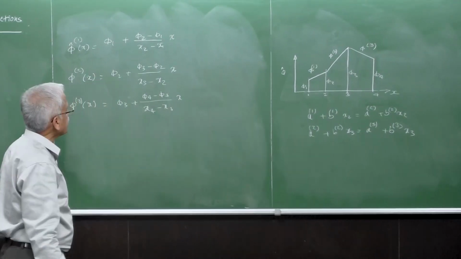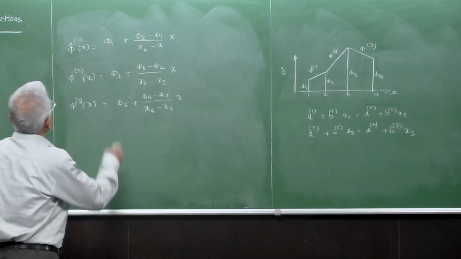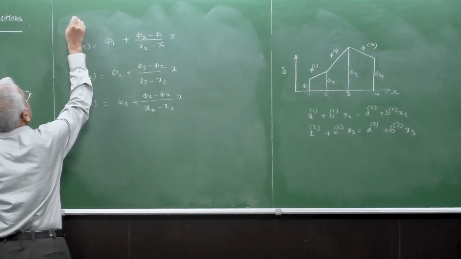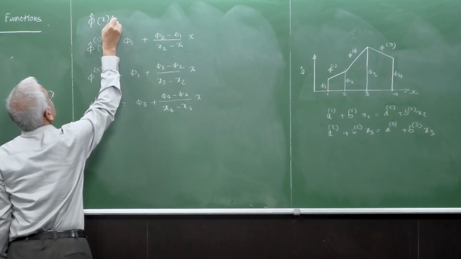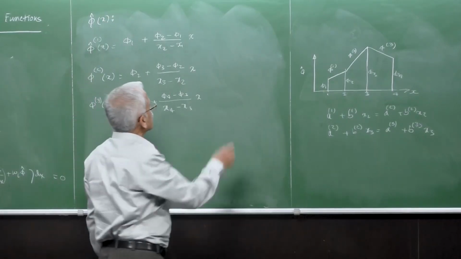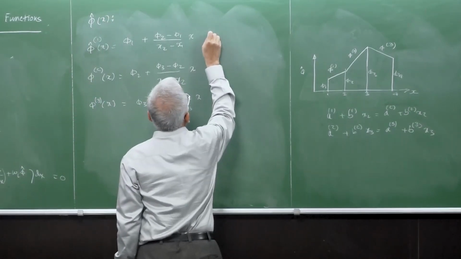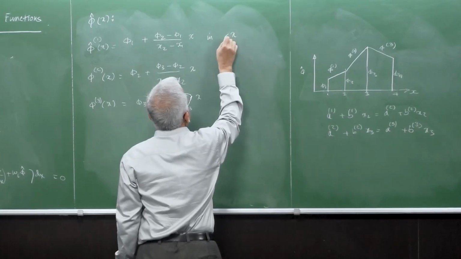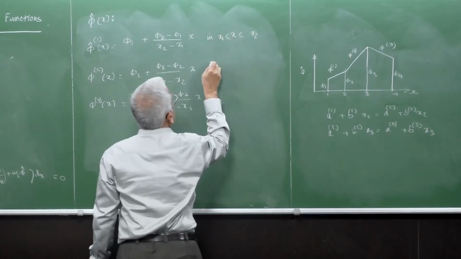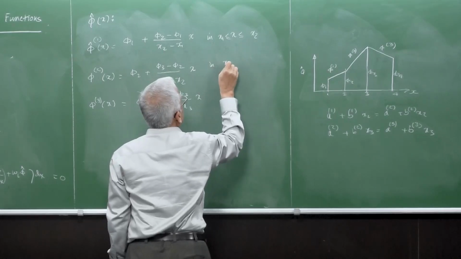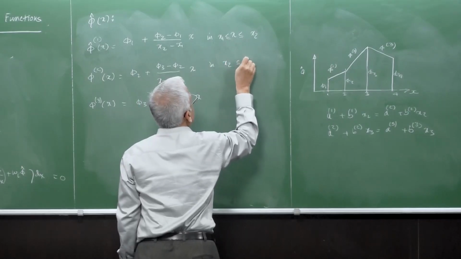Okay, so this consists of phi hat expressed in different zones. This is in x1 to x2, and this is in x2 to x3.